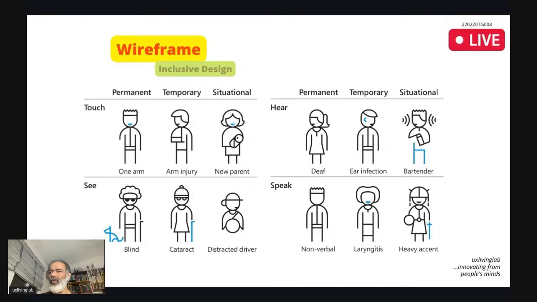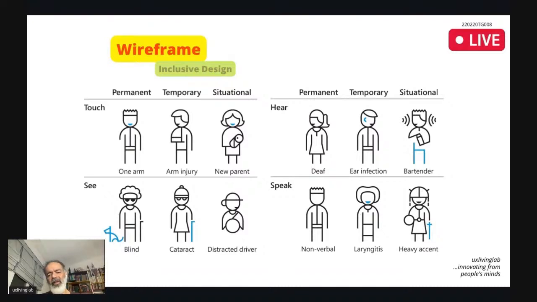Permanent disabilities, we know, are natural, or sometimes by accident or some other tragedies that happen in their life, and they could not perform as a normal human being. Maybe in touch they have one arm, or they can't see properly, can't hear or speak. That's called permanent disability.